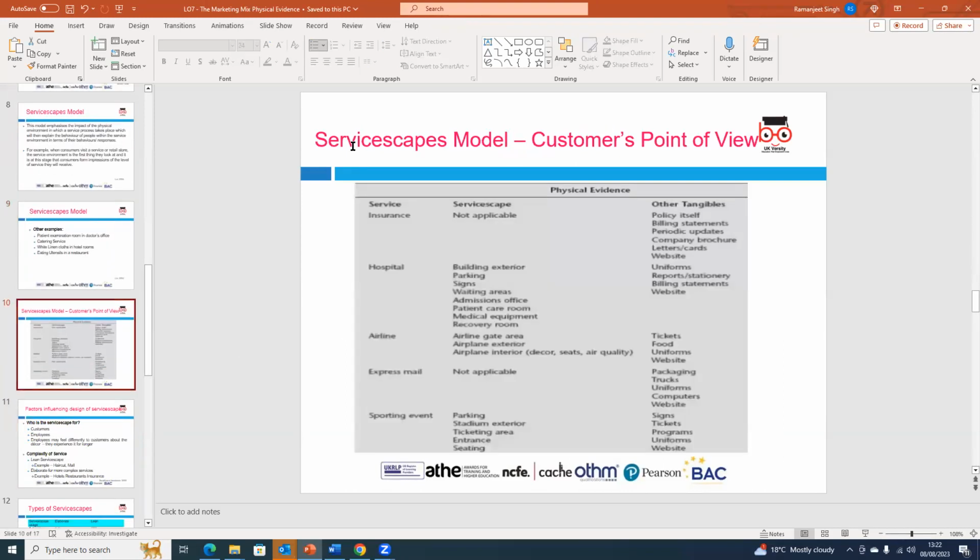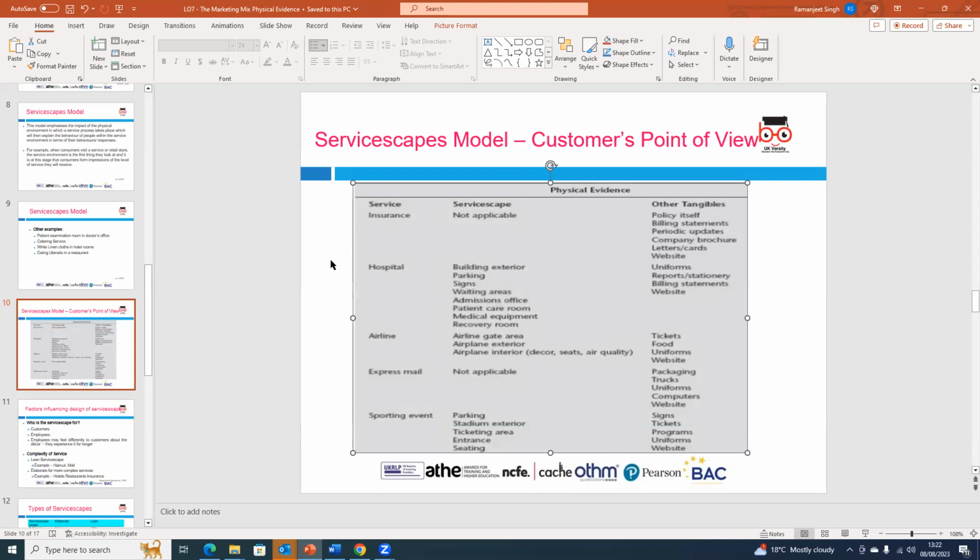So this whole servicescape model looks at the customer's point of view and judges the organization in terms of the service and in terms of the physical evidence. Okay, so if you look at this slide, in terms of service and physical evidence, you will see a lot of things here.